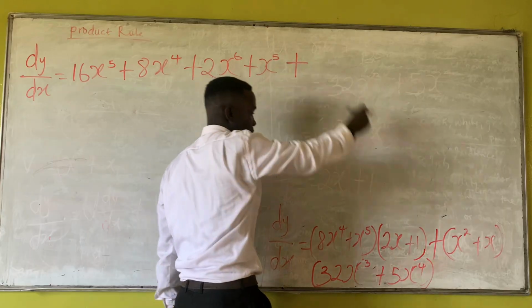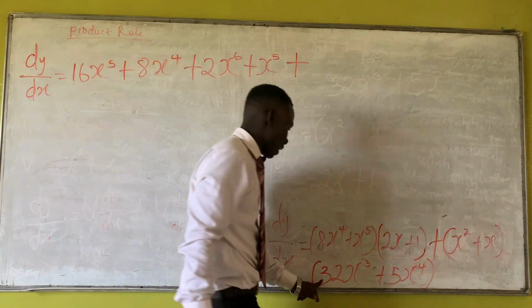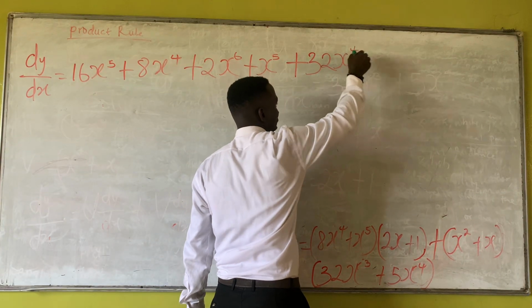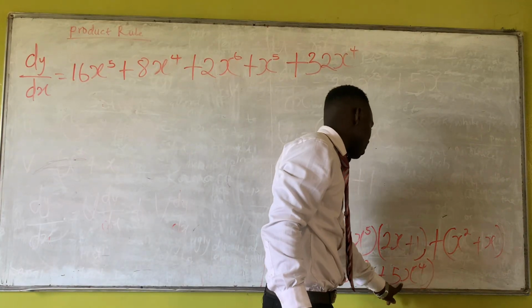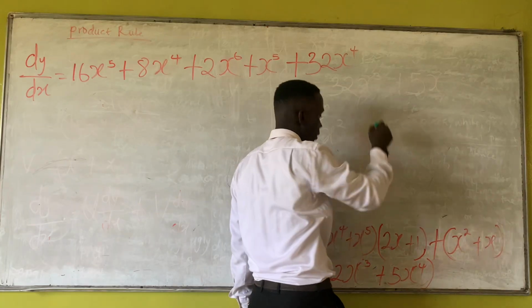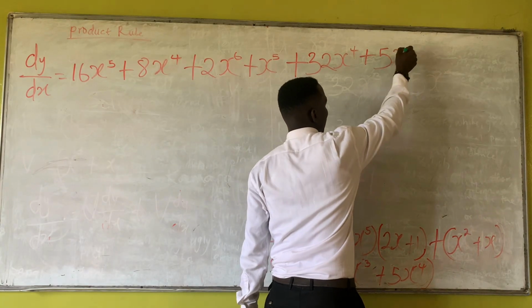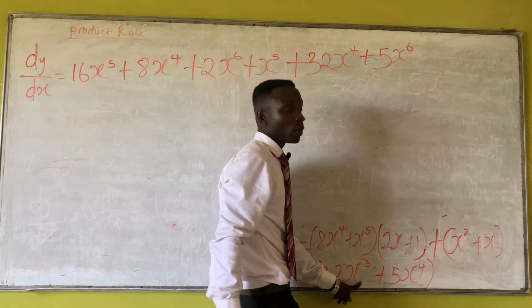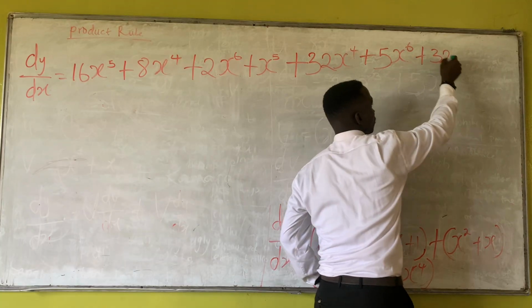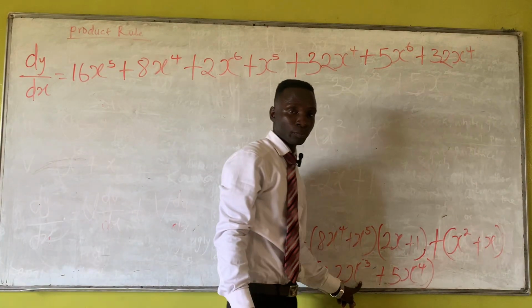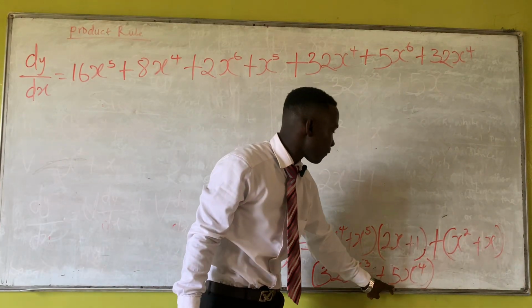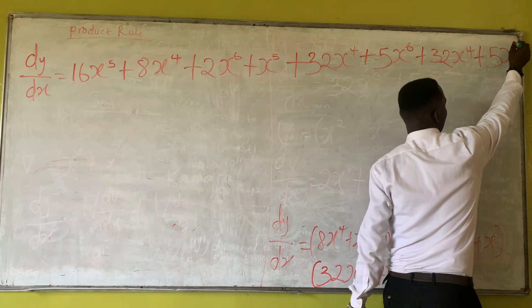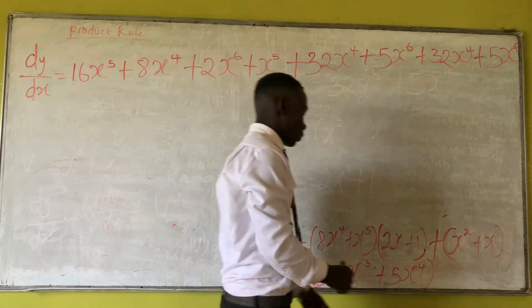You have plus, which is this. x squared times 32x cubed will give us plus 32x raised to the power of 4. x squared times 5x raised to the power of 4 will give us plus 5x raised to the power of 6. x times 32x cubed will give us plus 32x^4. x times 5x^4 will give us plus 5x^5. So we're going to have this.